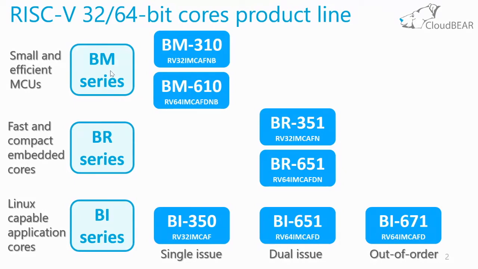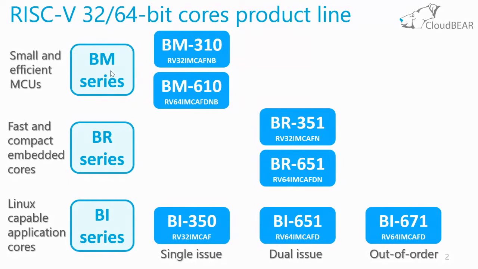So we have 3 core series. The first is the M series, which targets small and efficient MCU cores. It's represented by the BM310 32-bit microcontroller core and its 64-bit version BM610. The second series is the R series, which are fast and compact embedded cores.